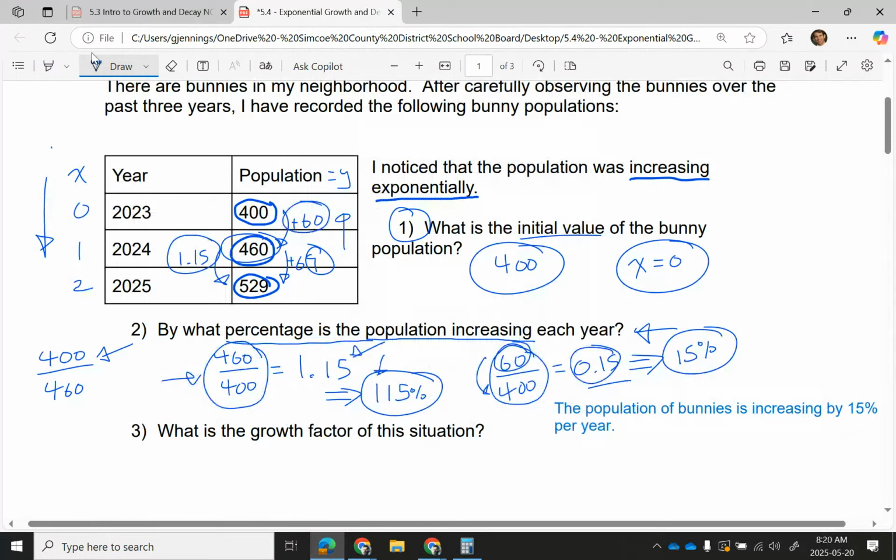The two are the same. 1.15 is 115%. And the 15 is just how much it is growing by. If I told you that my pants were 20% off when I bought them, that would mean that they cost 80%.